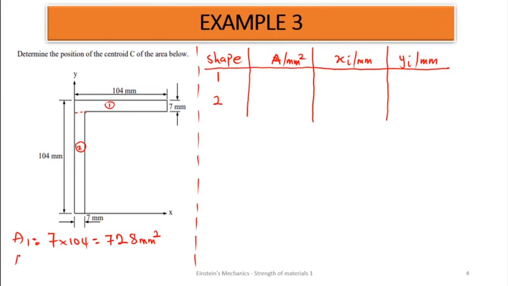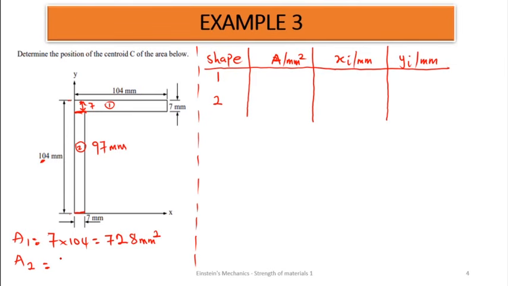Then area 2 is also going to be, look at area 2, this entire height from here to that place is 104 as well. But area 2 is starting from this point to that place, and we know this small distance to be 7. Therefore, this will be 97 millimeter.